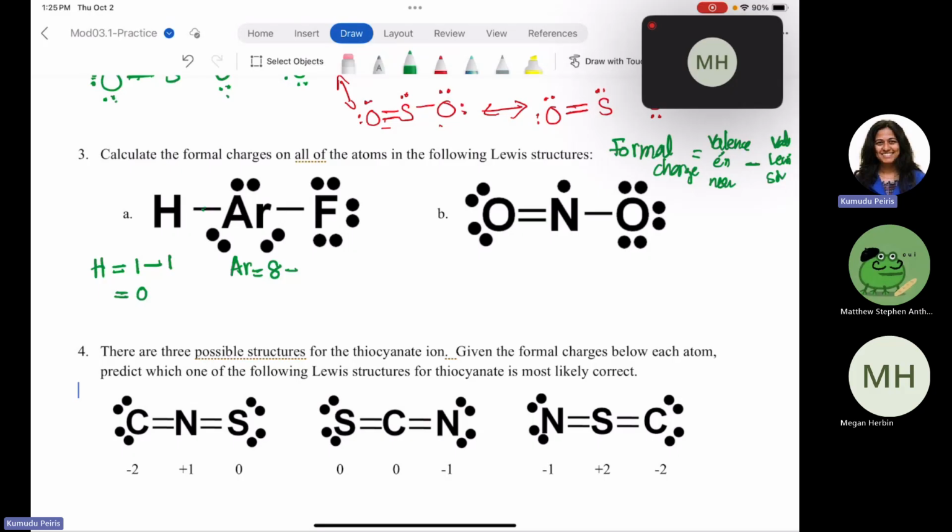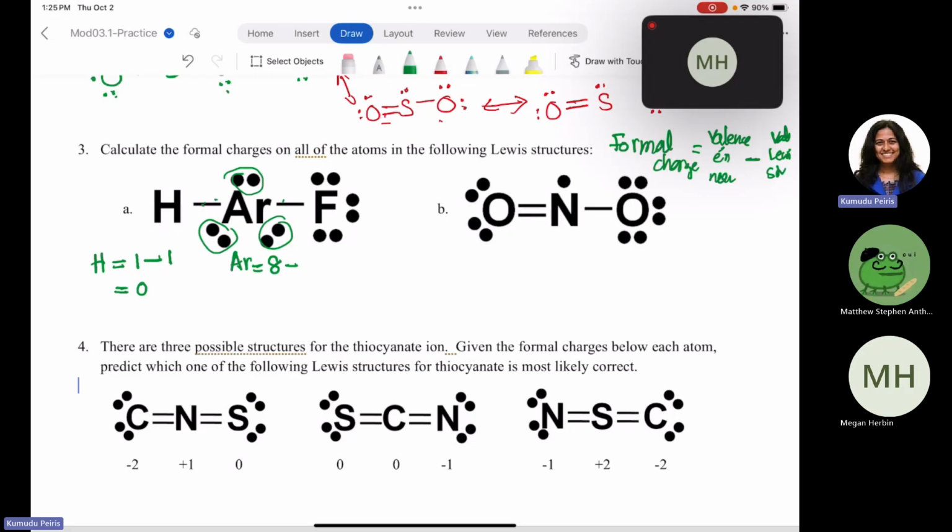Okay, unshared electrons. These are unshared pairs because these are not shared with anything else. So there are 6, and then we count one from each bond. 6, 7, and 8. Right. So again, it is 0.